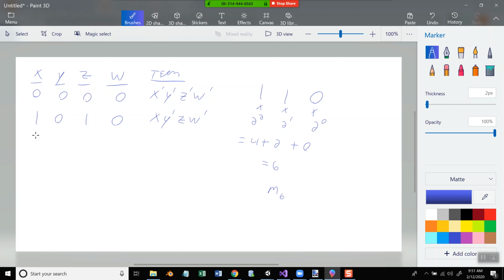Let's look at this example right here. If I'm trying to see what the minterm notation is on this, this is 2 to the 0, 2 to the first, 2 squared, 2 to the third.